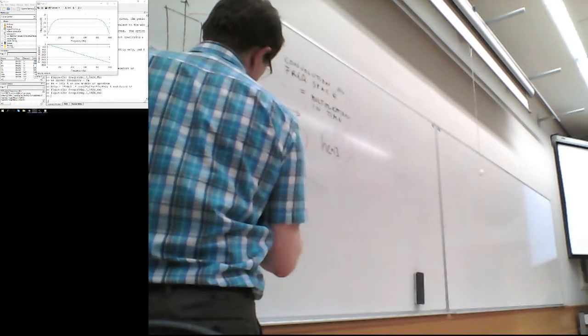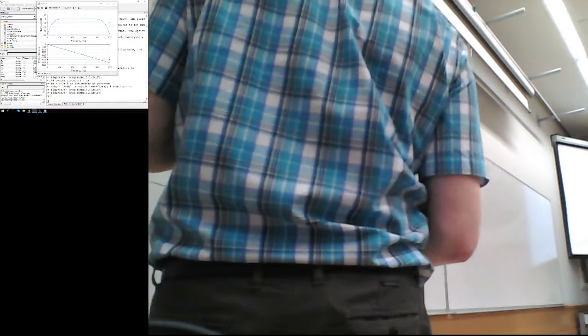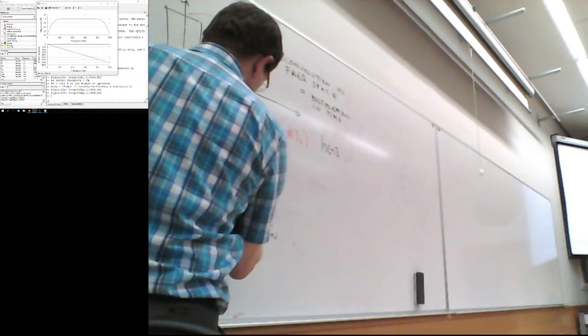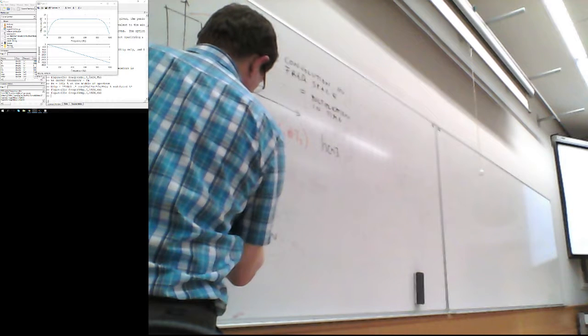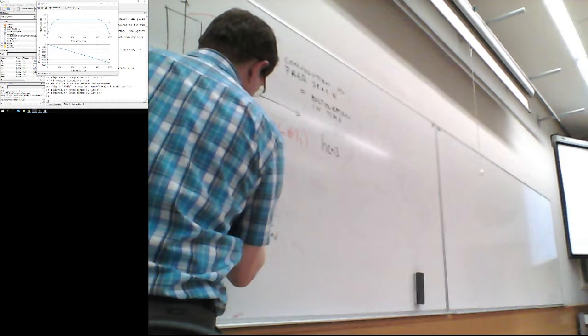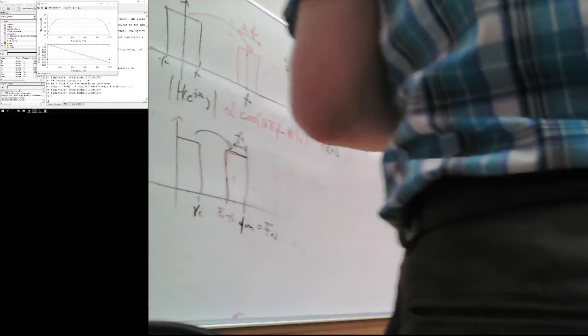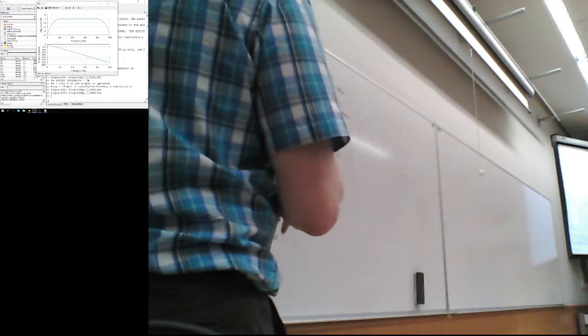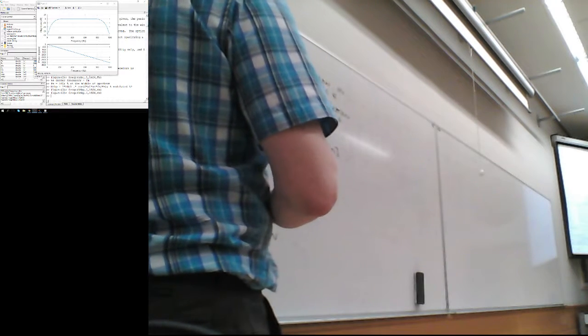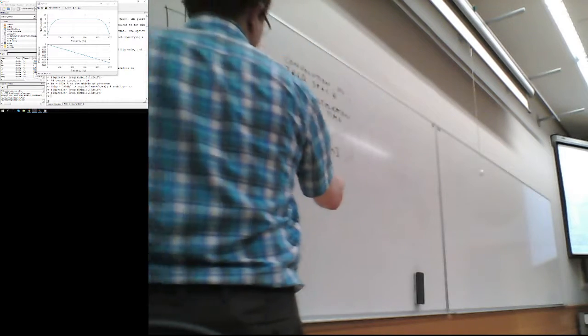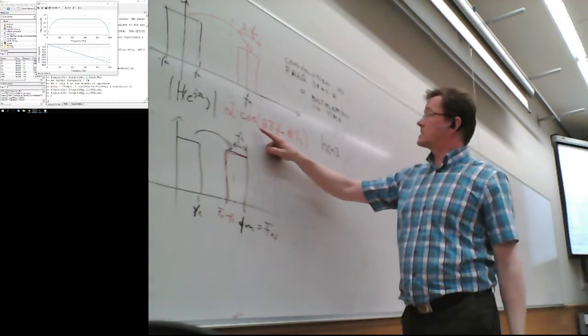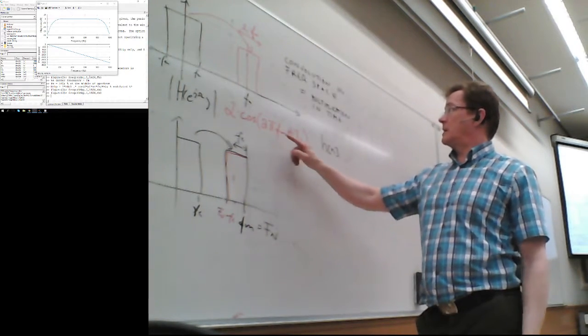So this point here is actually that Fn minus Fc is the cutoff frequency. So be careful when you're reading this exercise.